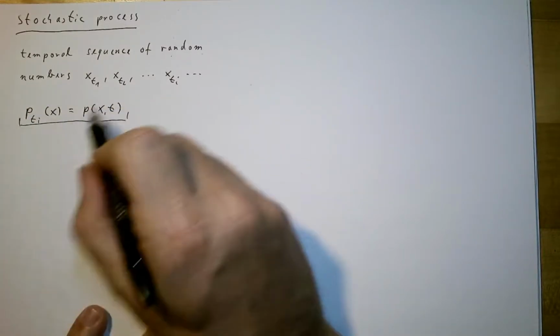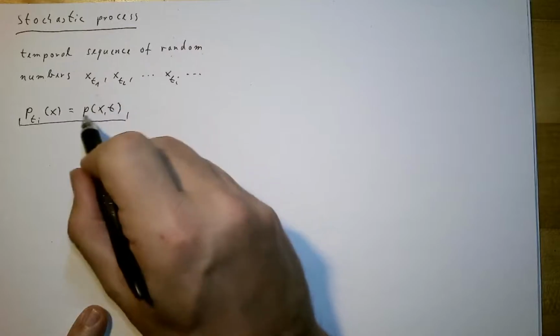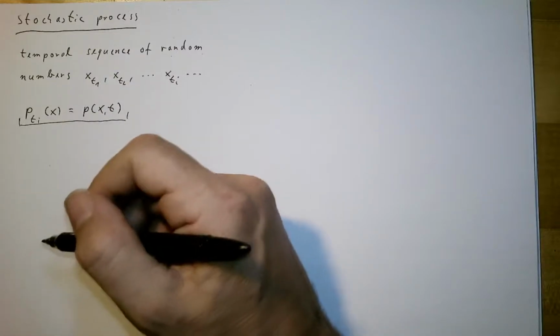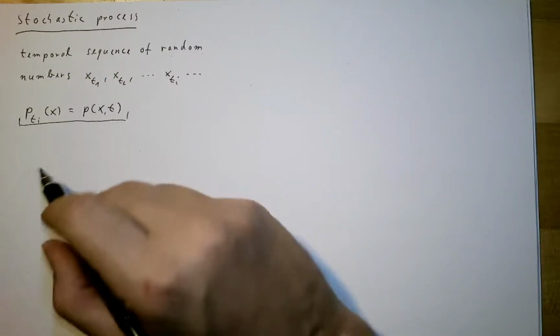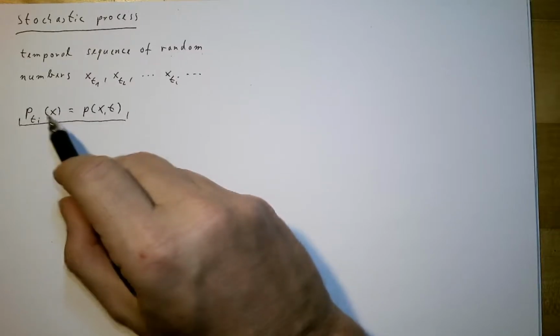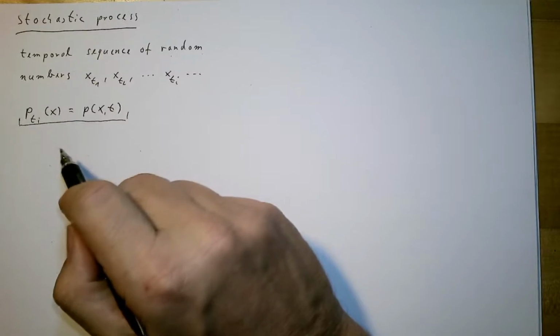Anyway, if we have random numbers which depend on time, given by a time-dependent probability distribution, we have a stochastic process. And if we have this distribution, we have solved our problem.